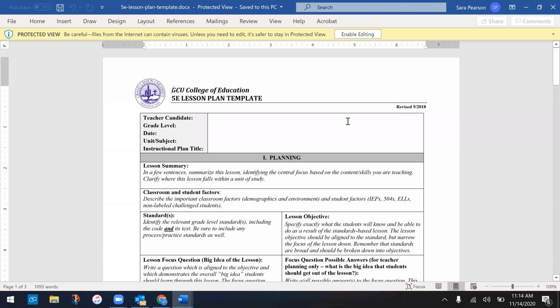All right, so here's the 5E lesson plan template. It's not that different from your traditional lesson plan template, but the way the lesson rolls out really lends itself to more of a constructivist way of teaching.